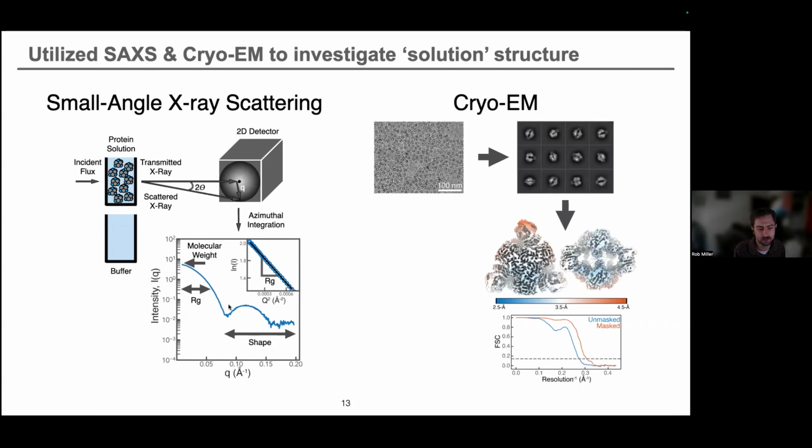Although my talk will primarily focus on the results that we obtained from cryo-EM, combining this with SAXS actually proved critical to our studies. For those of us that aren't as familiar, SAXS provides us structural information about the protein in solution, or about the average ensemble in solution. And so it is inherently a relatively low resolution structural technique. But again, it's telling us about what our protein looks like in a more physiological, solution-based environment.